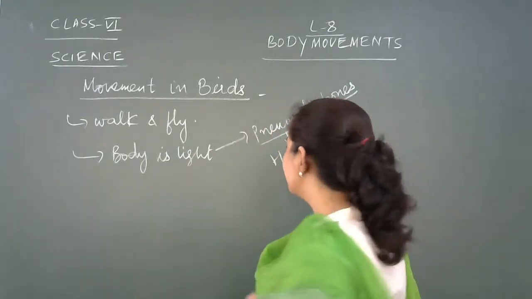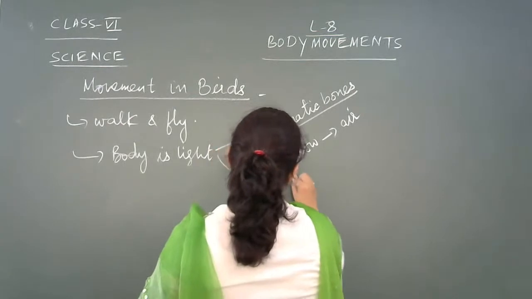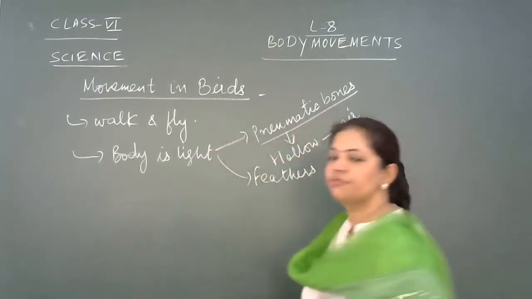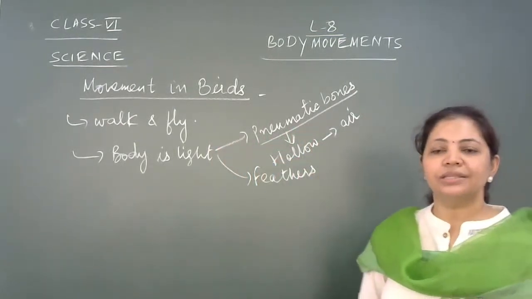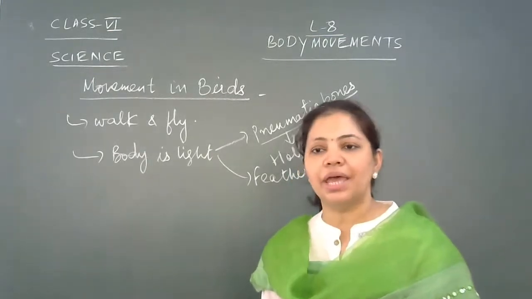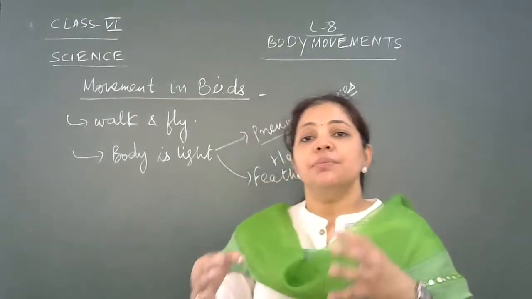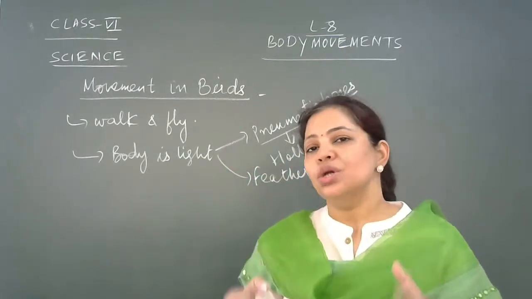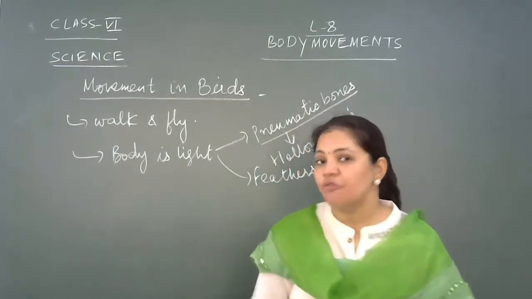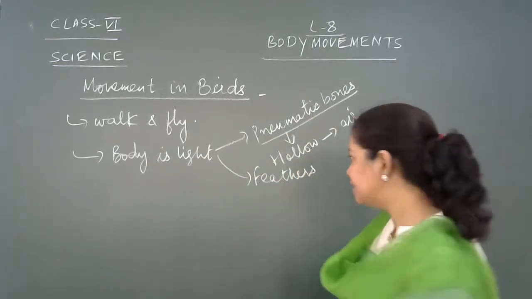Right? Another reason is that their body remains covered with feathers, so that they can protect themselves during extreme conditions of the environment like extreme cold and other situations. And being light, they don't add any extra weight to the body of the bird, right?